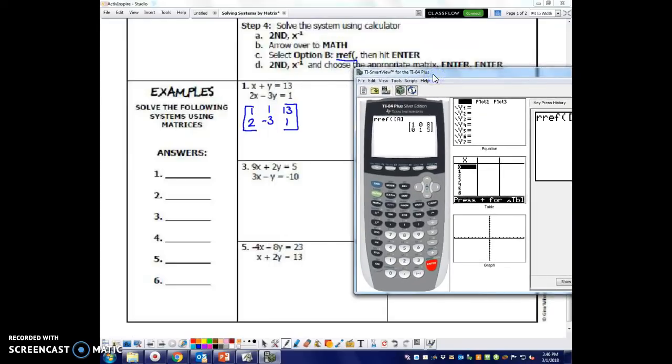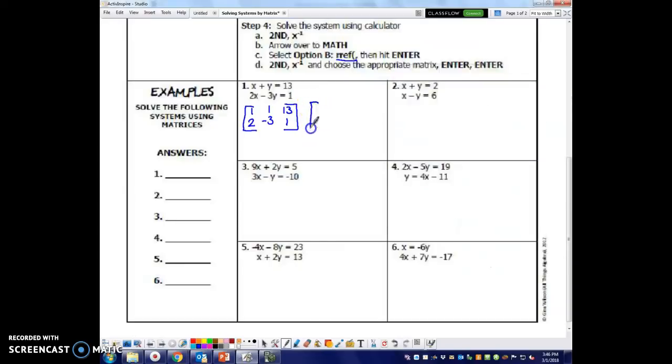So here's what it's telling us. 1, 0, 8, 0, 1, 5. This top number up here is X. The bottom one, Y. So your solution here will be 8, 5.